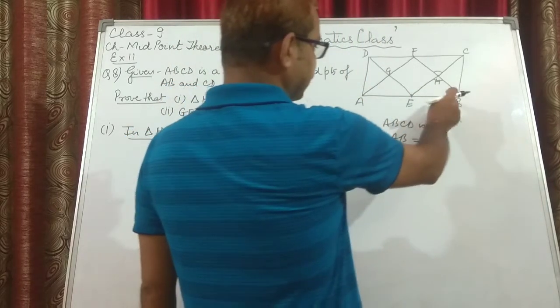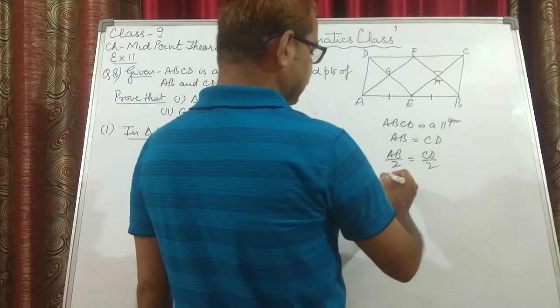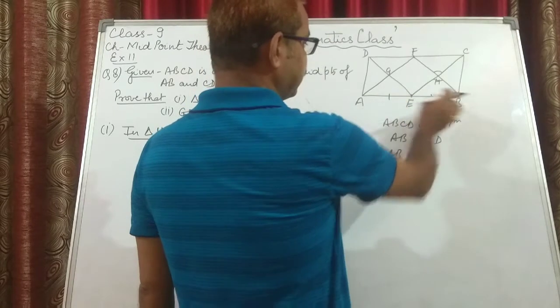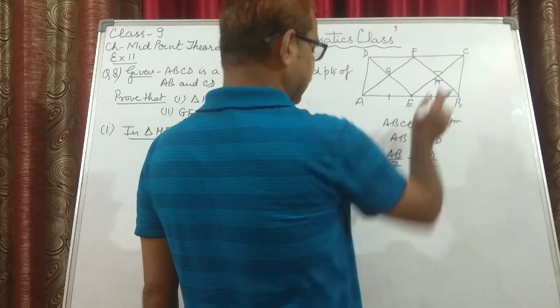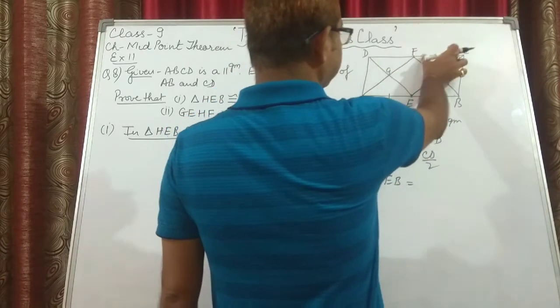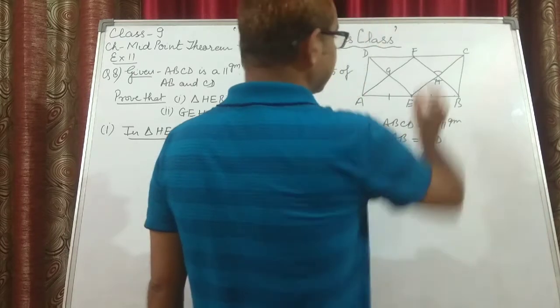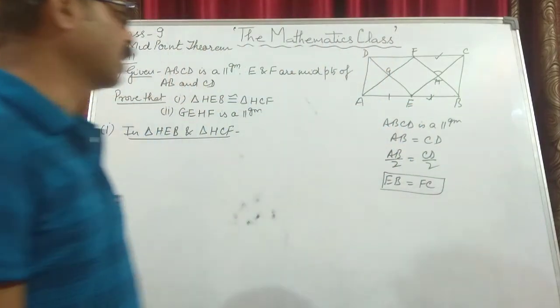Half of AB is AE or EB, but we need this side, so we are writing EB. And half of CD is DF and FC, so we are writing FC. So we got one thing, that FC and EB are equal.